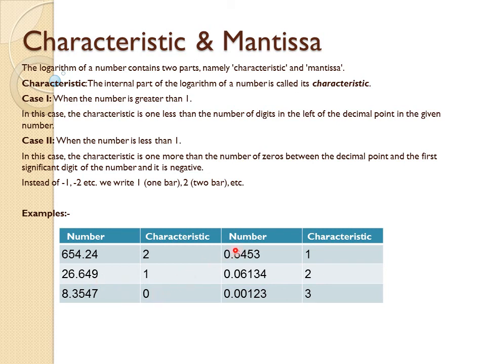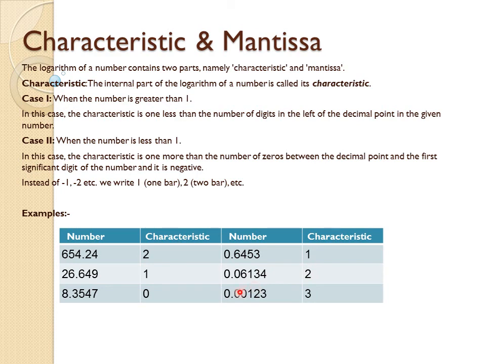In the next example, when the number is 0.6453, the first significant digit comes right after the point, so the characteristics is 1 bar. Here in the second example, 0.06134, the 6 is the first significant digit, and that is coming after one 0. So the characteristics is 1 plus 1, that is equal to 2.